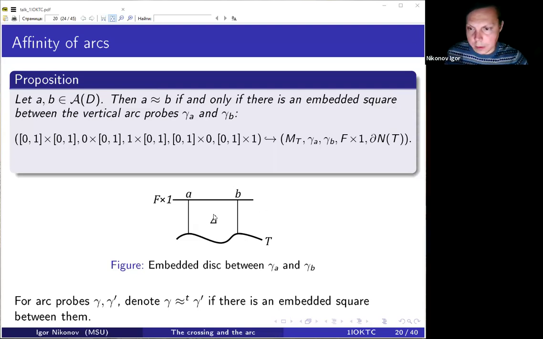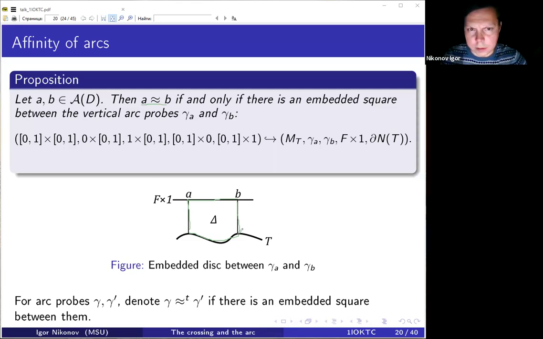So we have a square whose sides are these vertical probes, with some side on the top boundary of the thickened surface, and the bottom part of the disk goes in the knot, in the tangle. So we have the following disk, and so we reformulate this combinatorial condition by one topological condition: that two probes bound an embedded disk.